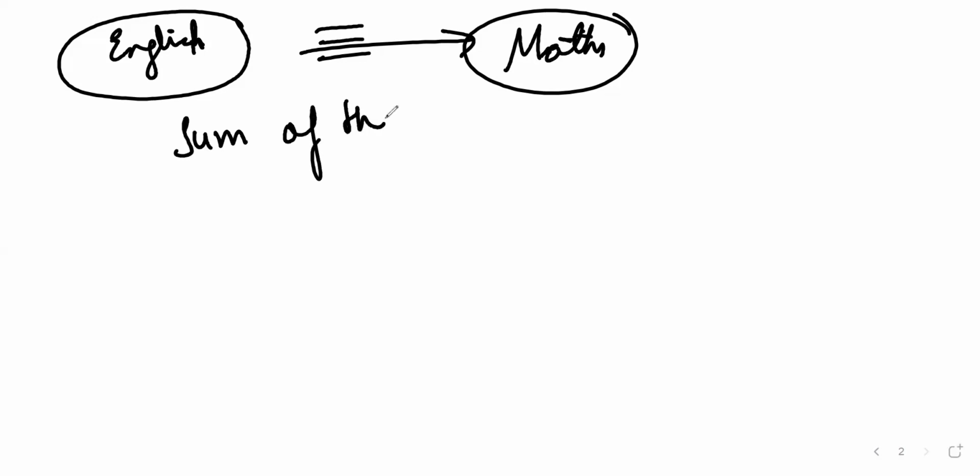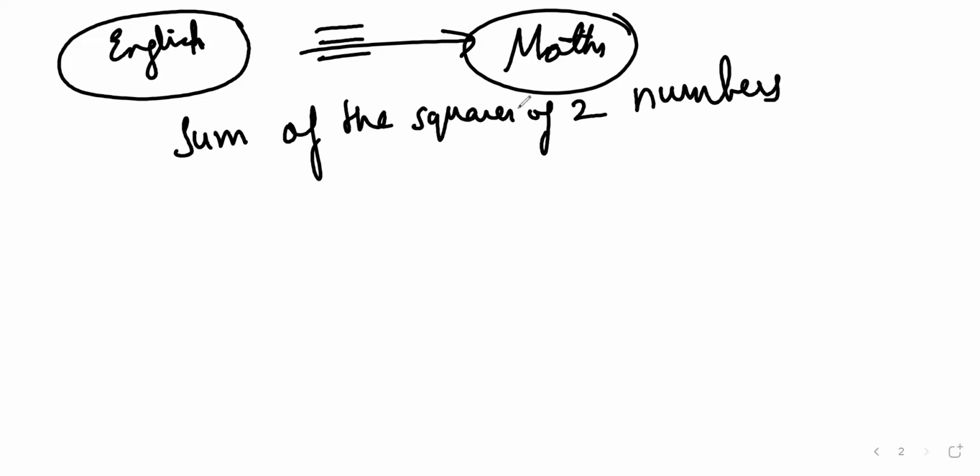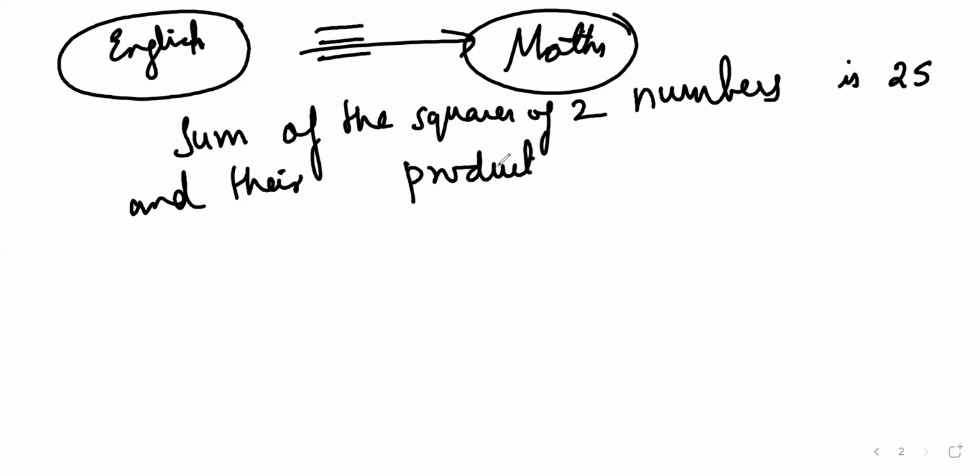So let us take a simple example, an exercise problem. Sum of the squares of two numbers. Okay, so I've given you two numbers. Sum of the squares. You need to be very careful here. So the sum of the squares of two numbers is 25, and their product is 12.